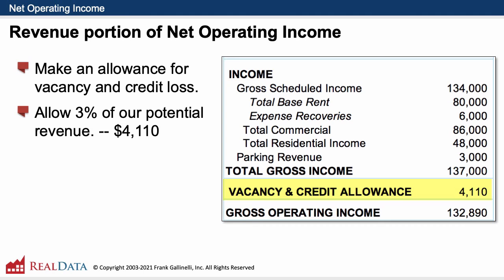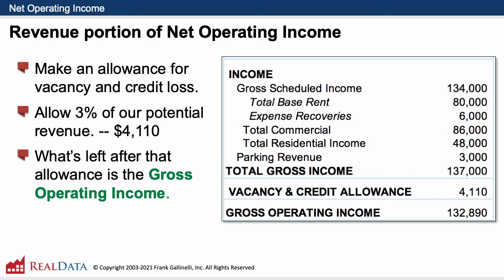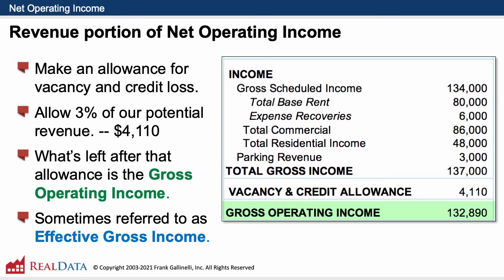Let's say we allow 3% of our potential revenue. 3% is $4,110. What's left after we subtract out that allowance, $132,890, is what we call the gross operating income. Sometimes you may see it referred to as effective gross income. Same thing, just a different name.